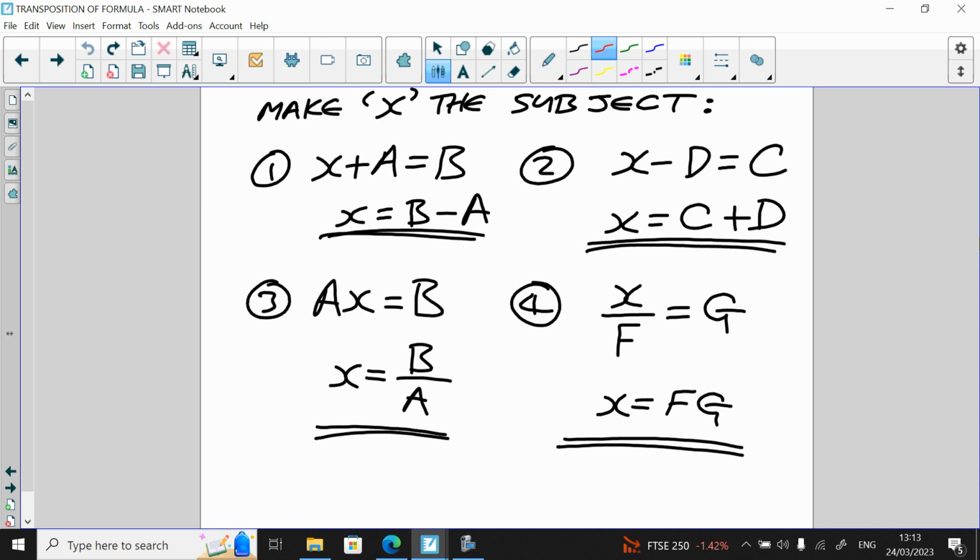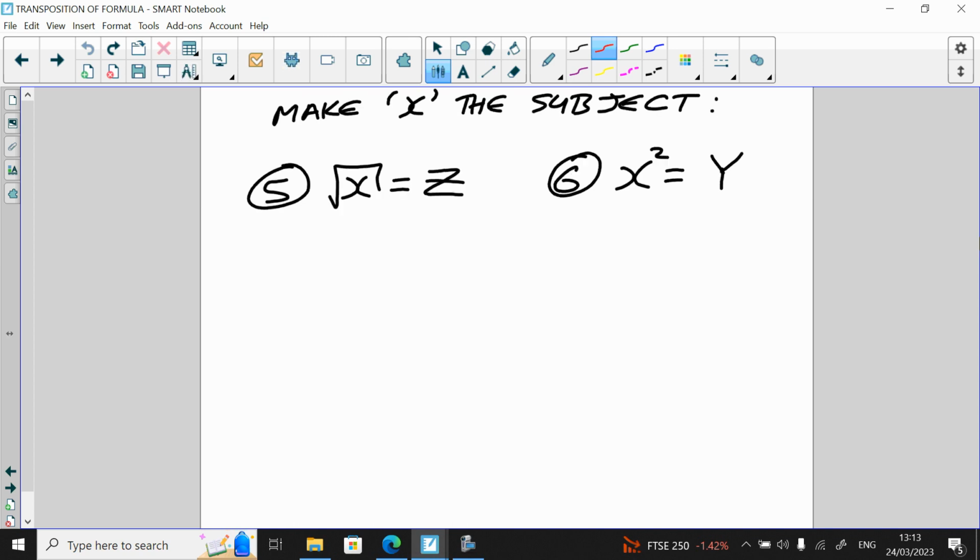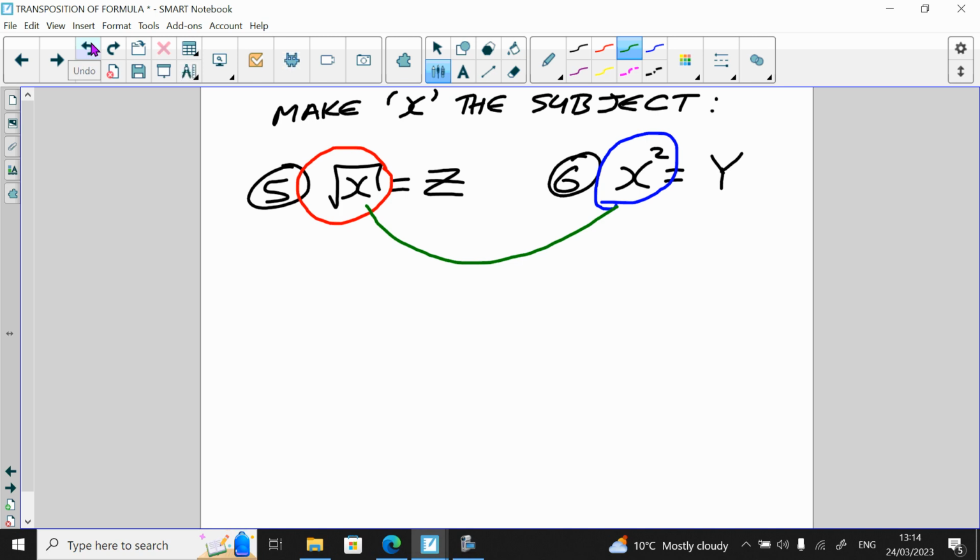So we're going to deal with other operations. We're going to do the 2 of these in one go. So you get a square root of x. How do you undo a square root? Okay, and how do you undo a square? Well, actually, these are opposites, inverses of each other, and that's what we're going to do with both of them.